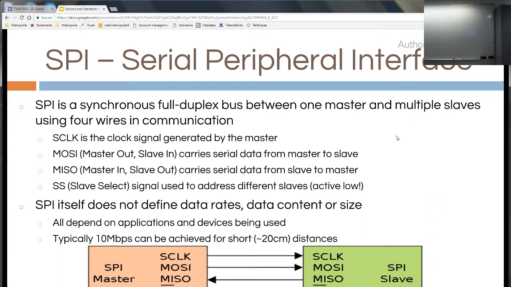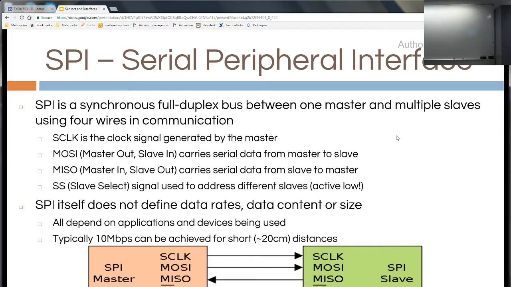Most of the SPI slaves can do at least 1 megabit per second lines. They are not designed for slow data transfer at all. But you can. It can be even 1 bit per second in some cases. I don't recommend it.